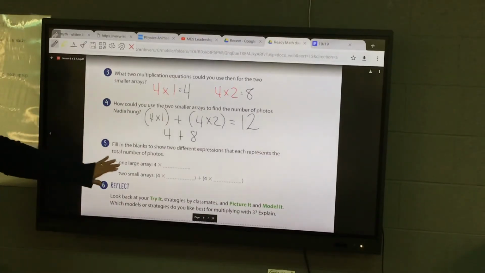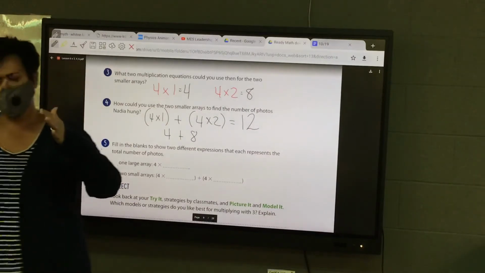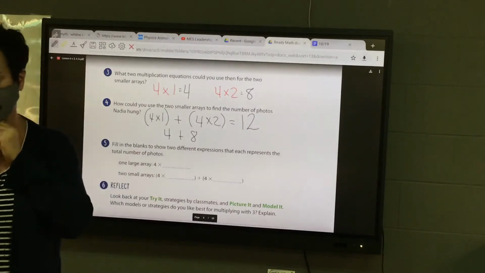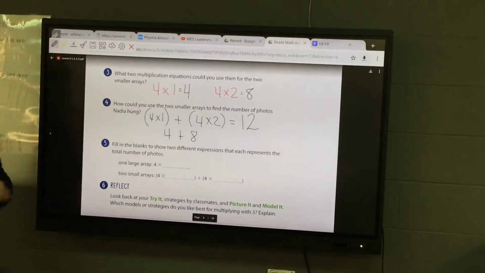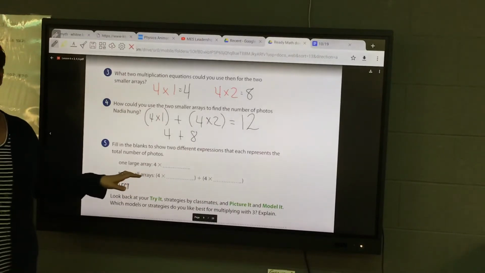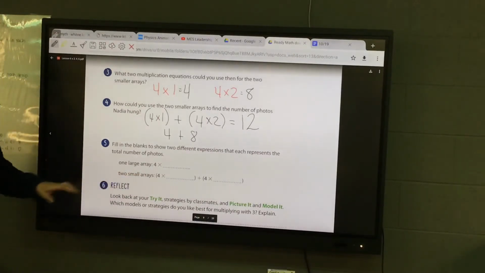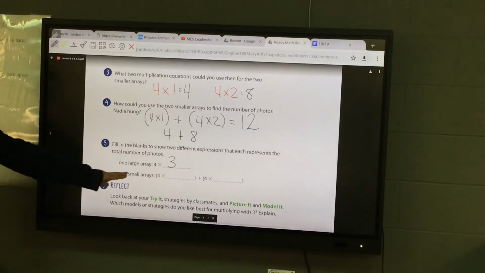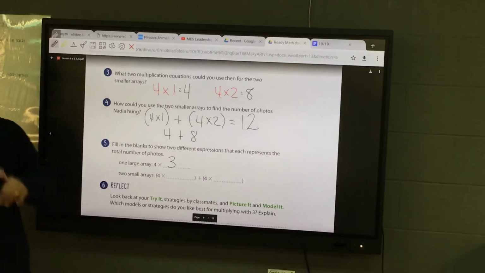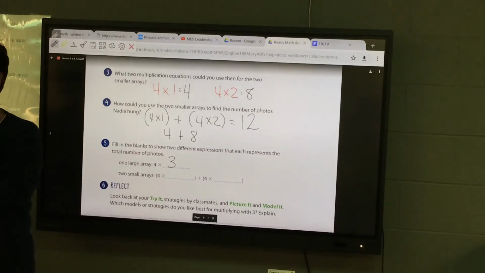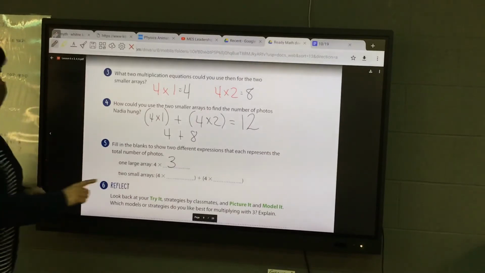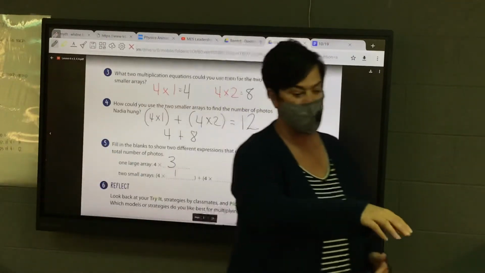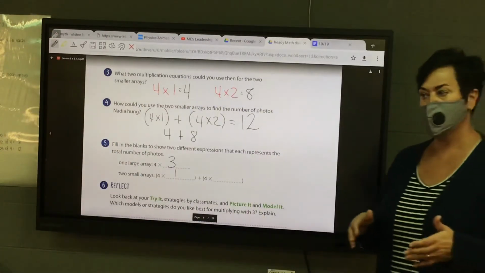All right, so thinking back, one large array, like in the picture, point to the picture again. One large array was 4 times what? 4 times 3. Two small arrays is 4 times, what's the first one they broke off? 4 times 1, plus 4 times, what's in the other part that they broke off? 2.